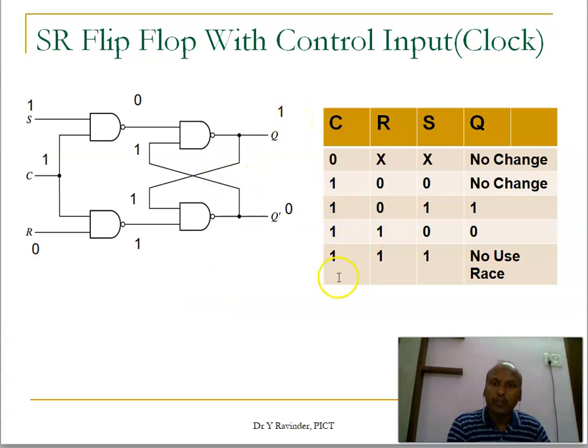So during the on period of the clock, the output may change multiple times based on the inputs. That is why this is still a latch. I have to make a different combination for making this a flip-flop.